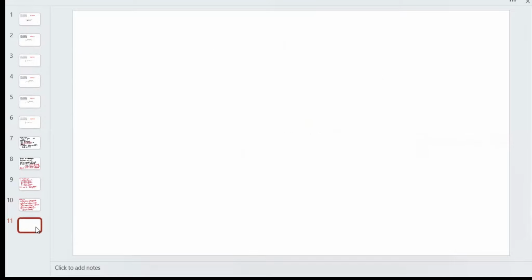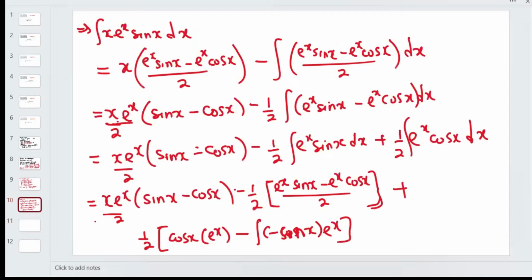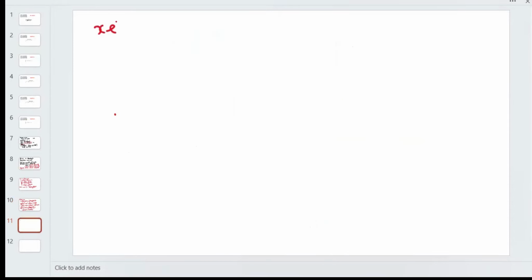All right, so yeah, trying to create a new slide. All right, so yeah, we can go back and say we then have our last expression looked like, okay, x exponential x over 2 into sine x minus cos x, right?